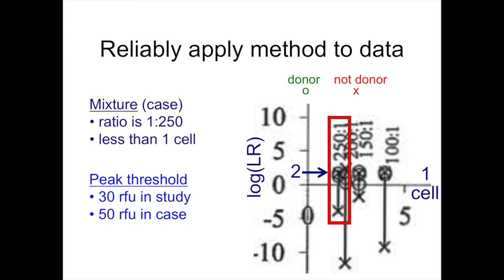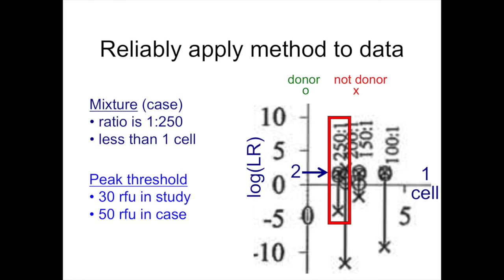The donor match statistics, inside the red rectangle, cluster around a log LR match level of 2, or an LR of 100. Note that the reported statistic in this case of 7, or 10 million, is far away from these validation study match values of 100.